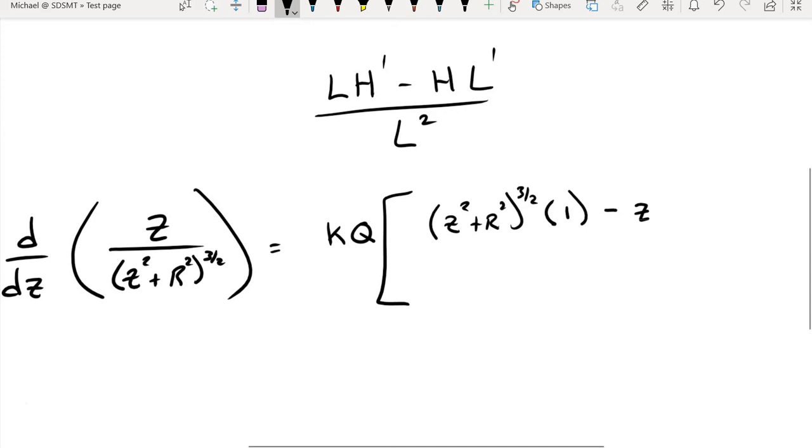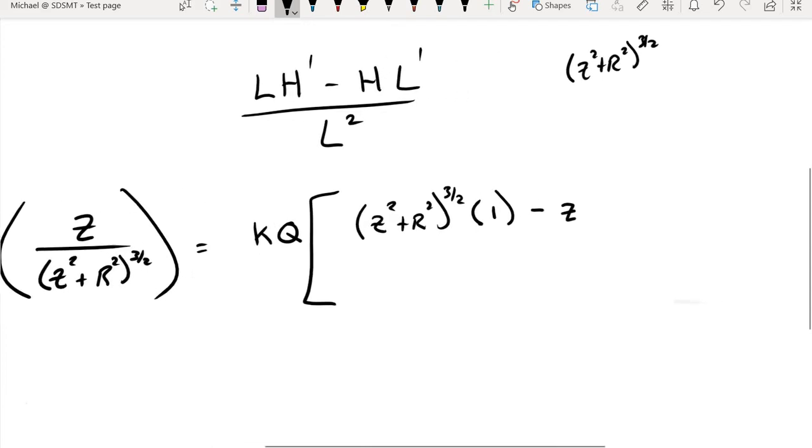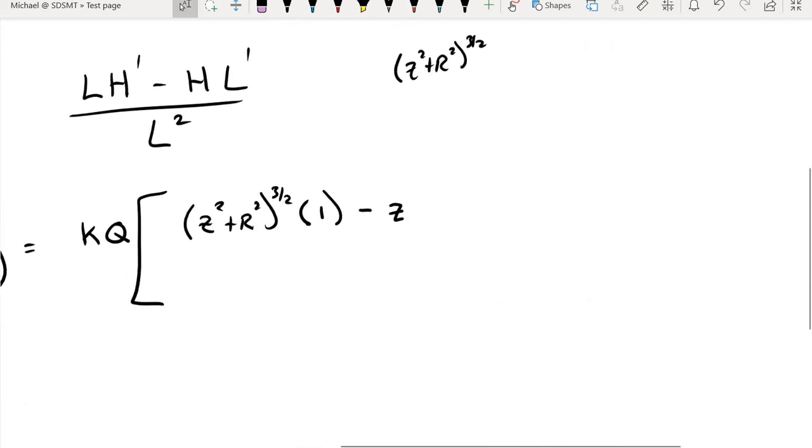Now the denominator, (z squared plus r squared) to the 3/2 power, we will have to use the chain rule to find the derivative of this, because everything is currently encased by that parenthesis set and taken to a power. And so our chain rule basically says start from the outside, work your way in. So we're going to bring down the power.